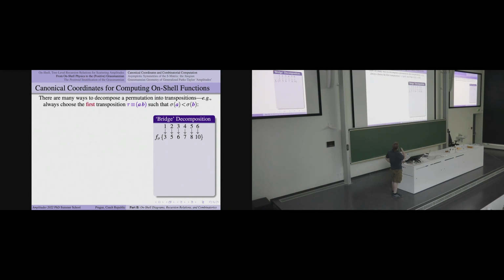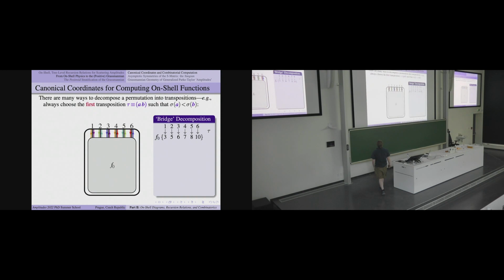And then you look at adjacent pairs, and you look for the very first pair such that the images are ordered, so that 1 goes to 3 and 2 goes to 5. The images are ordered, and then you're going to write that permutation as a bridge on a diagram with the transposed permutation.